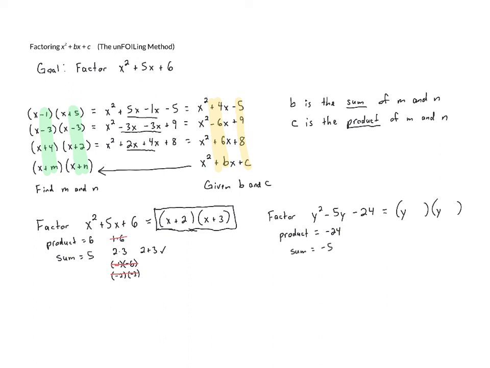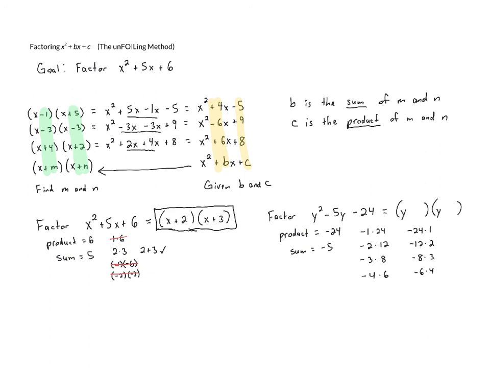Now, there's a lot of different possibilities to give us a product of negative 24. We could have negative 1 times 24, or negative 24 times 1. We could have negative 2 times 12, or negative 12 times 2. We could have negative 3 times 8, or negative 8 times 3. Or we could have negative 4 times 6, or negative 6 times 4. There's more possibilities here, but there's always a finite number of possibilities.